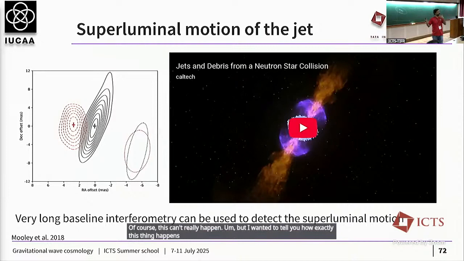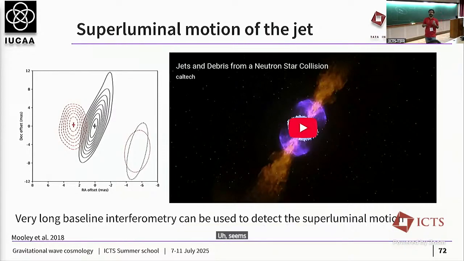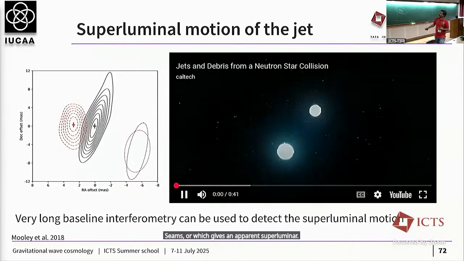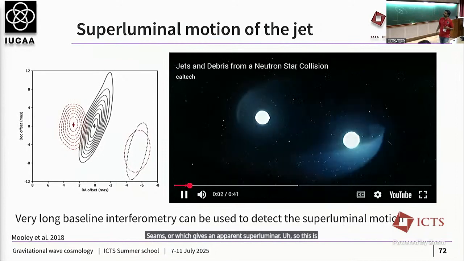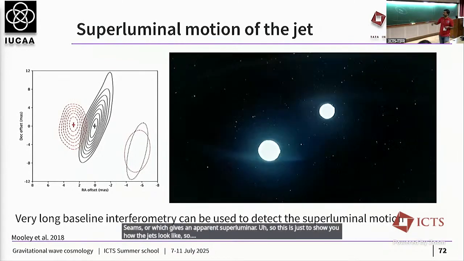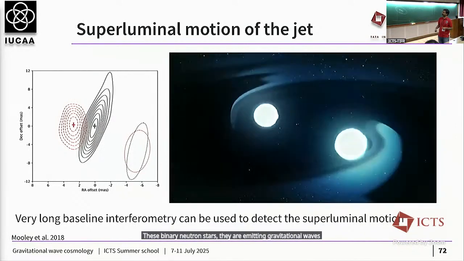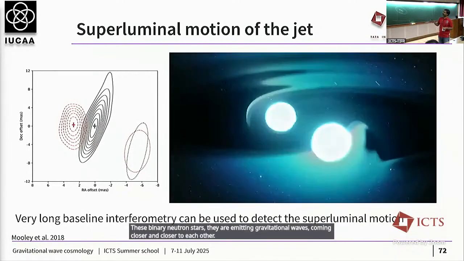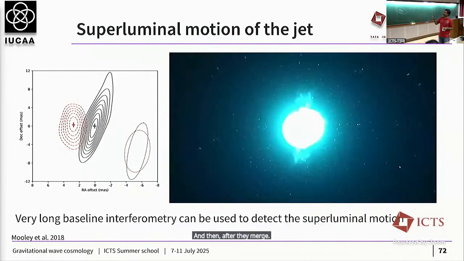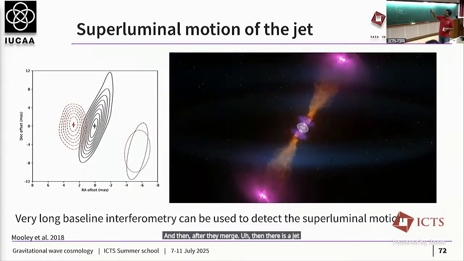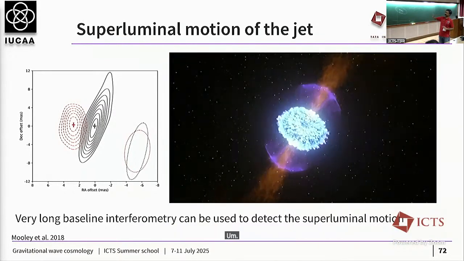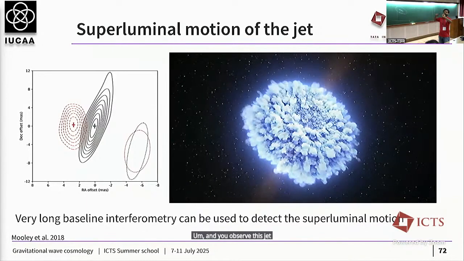Why do you see something which gives an apparent superluminal motion? This is just to show you how the jets look. These binary neutron stars are emitting gravitational waves, coming closer and closer to each other. After they merge, a jet gets launched, and you observe this jet at a certain angle.